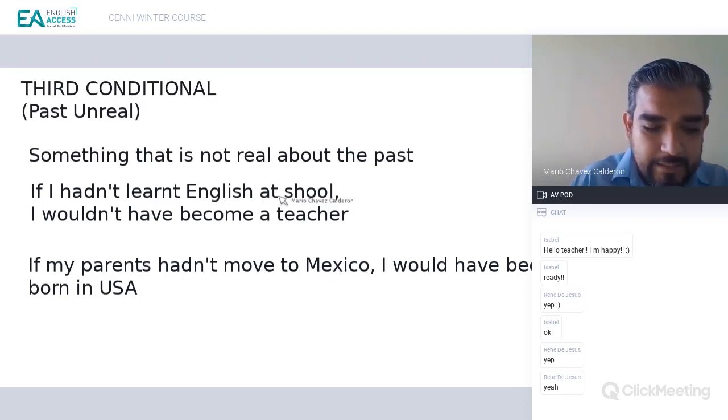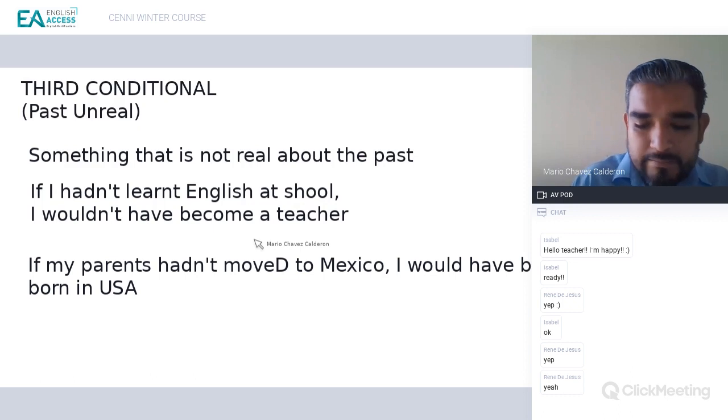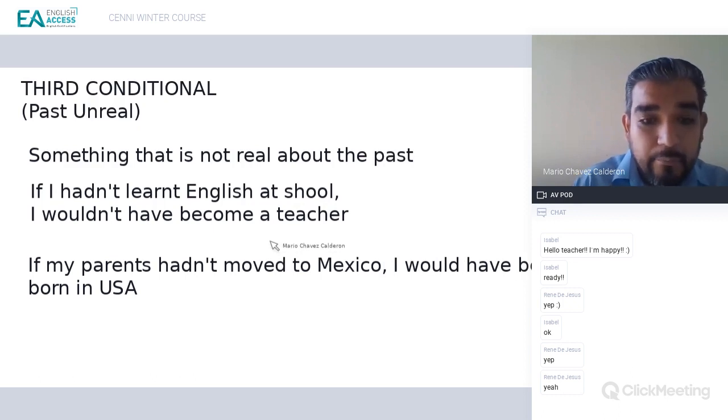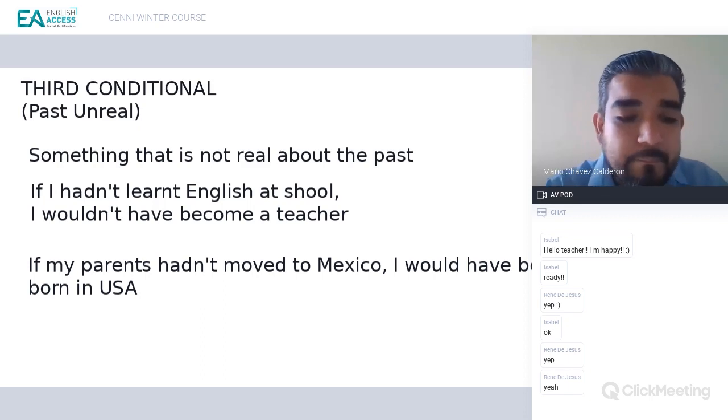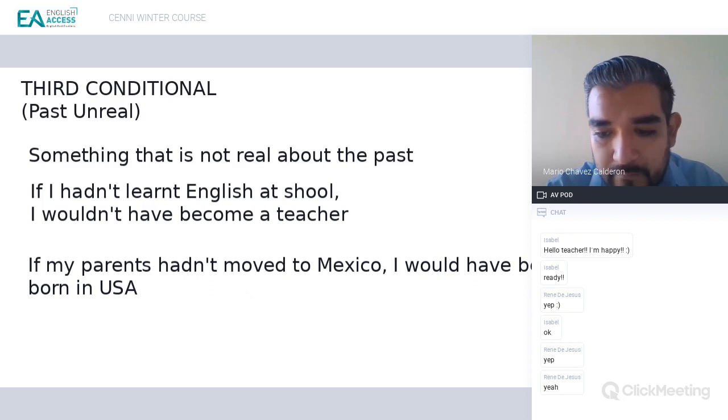If my parents hadn't moved to Mexico, I would have been born in USA. So we have past perfect with if and perfect modal with would have. You see?